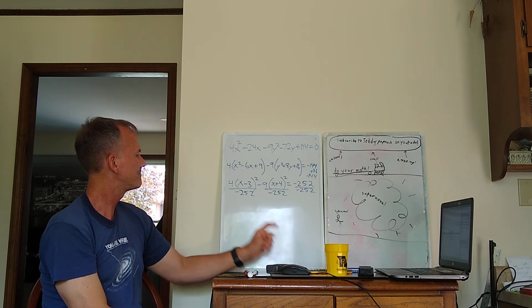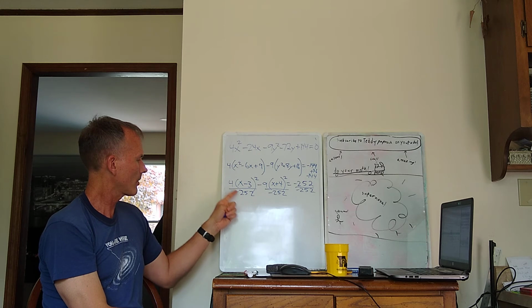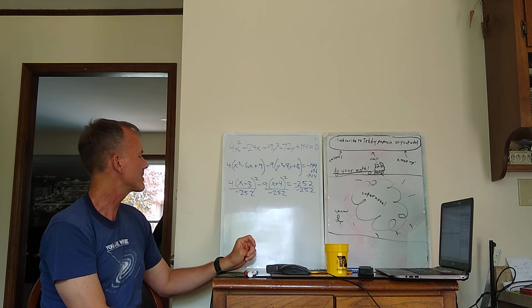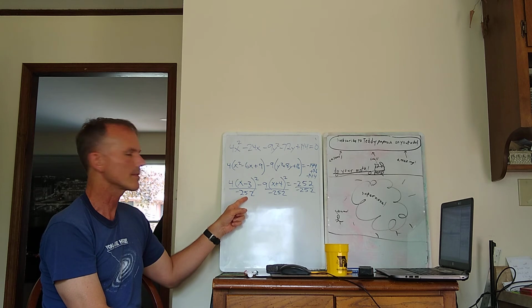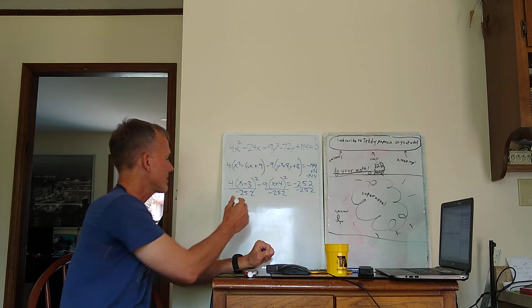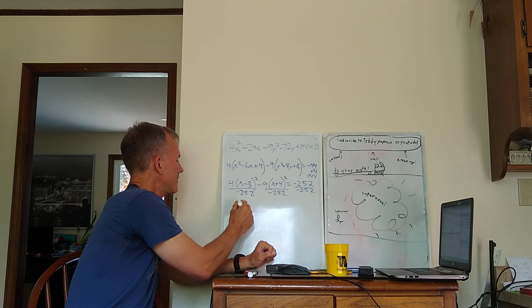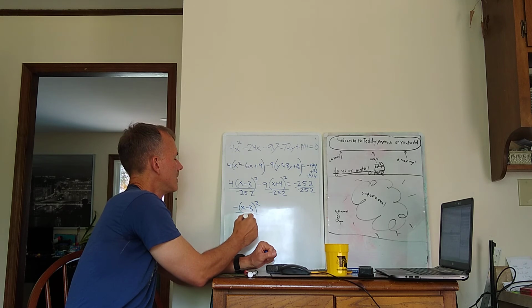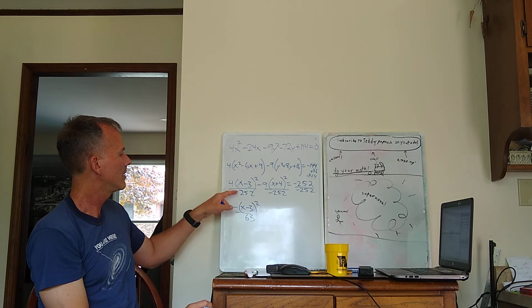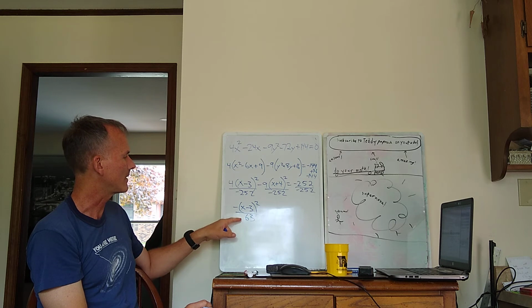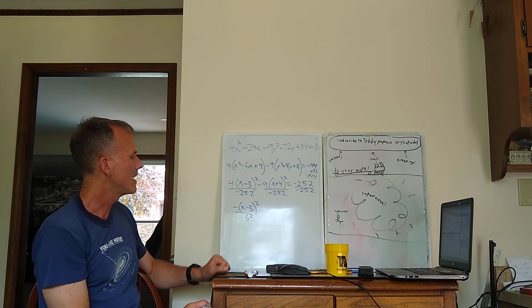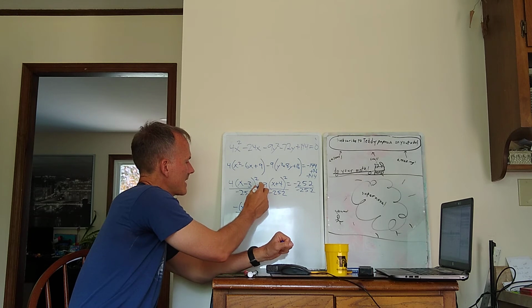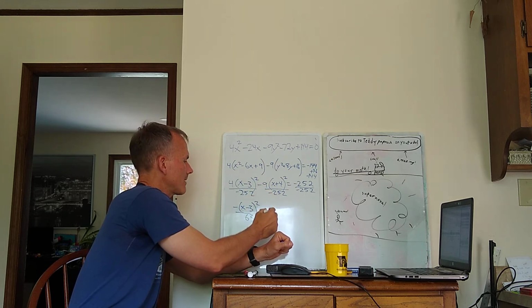Right now, 4 over negative 252, I think, reduces, let's see, 4 times 63, yeah, I think 4 times 63 gives me 252, so I'm going to rewrite that as negative 1 over 63. And then a negative 9 divided by a negative 252, that'll become a positive.